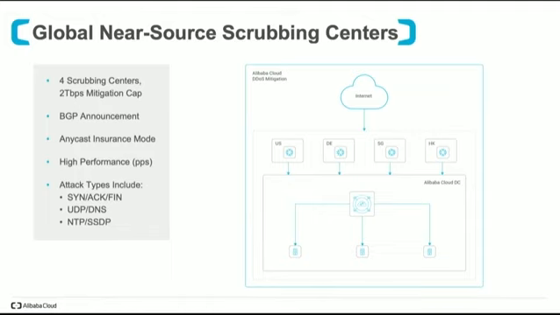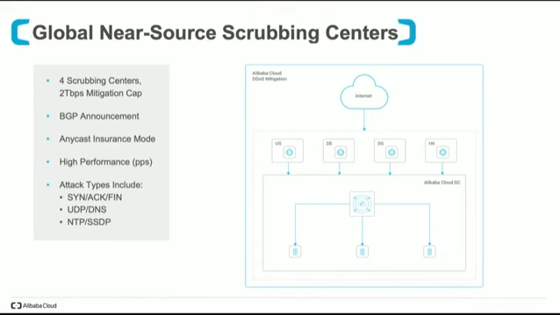And then the near source scrubbing center. At the moment, we've got 4 scrubbing centers in China, and outside China, these are the scrubbing centers that we currently have around the world: in US, Germany, Singapore, Hong Kong. The incoming traffic will first get sent to the nearest scrubbing center, cleaned up, made sure it's safe with no attack traffic inside, and then forwarded to the origin.